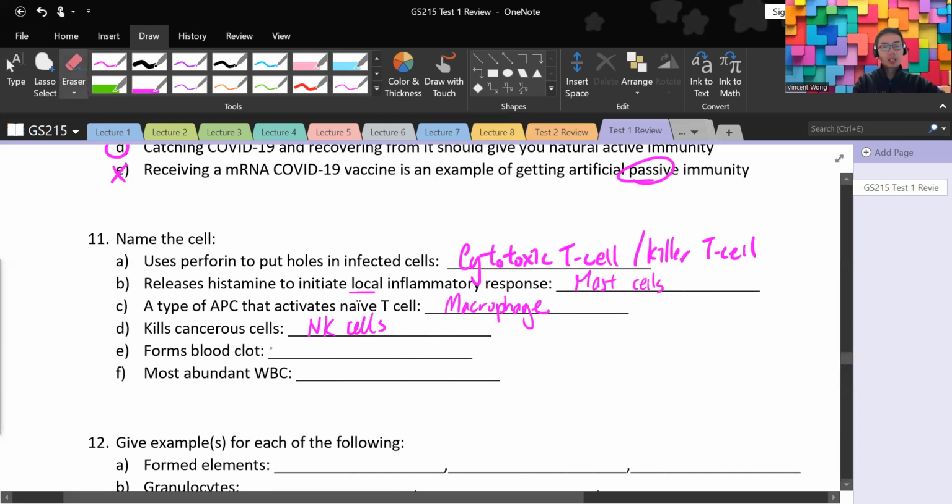Forms blood clot, that would be platelets. Full form of NK cell is natural killer cell. Most abundant WBC, that would be neutrophils.